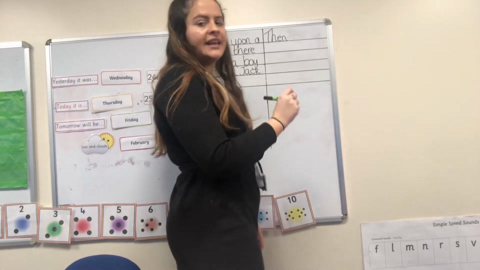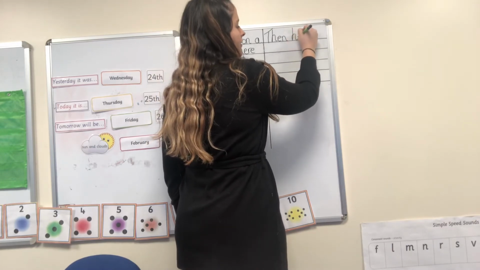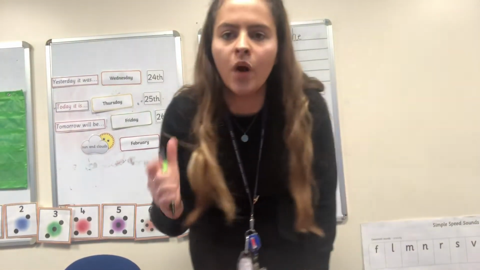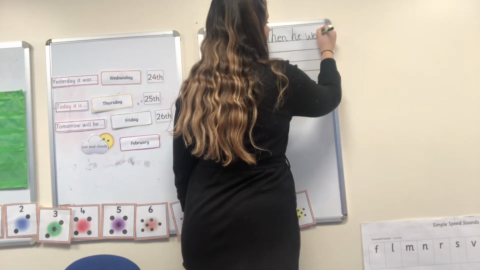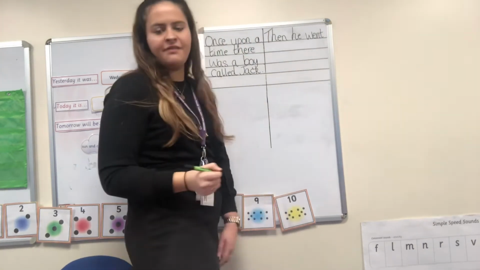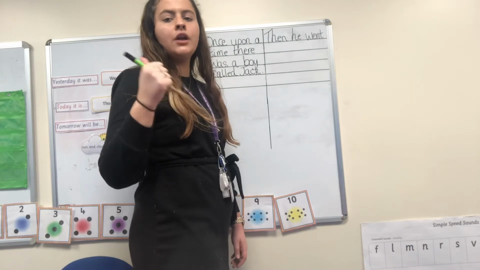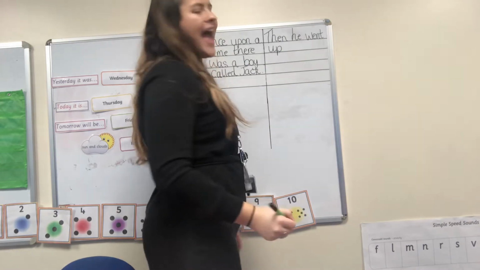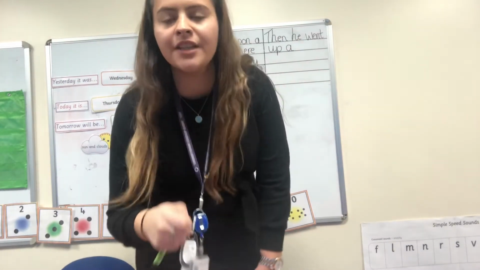He, red word he, you know how to write. Then, finger space, he went. You also know how to write this word, went. W-e-n-t, went. Then he went up, up, up. Well done. Up a big, you know how to do this one?